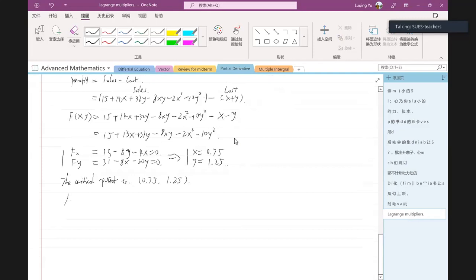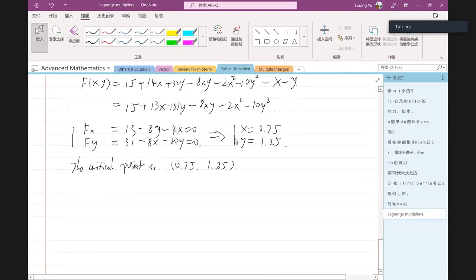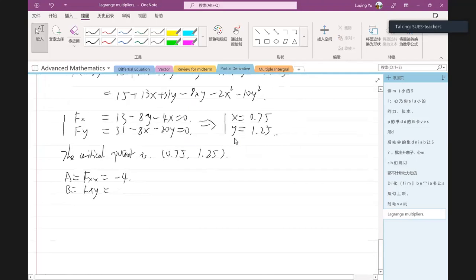Then we do the second derivatives. A is equal to fxx, which is -4. B is equal to fxy, which is -8, and C is equal to fyx, which is -8, and D is equal to fyy, which is -20.